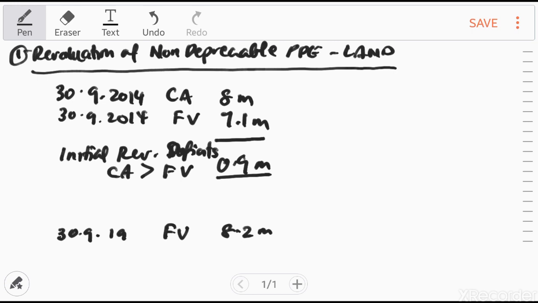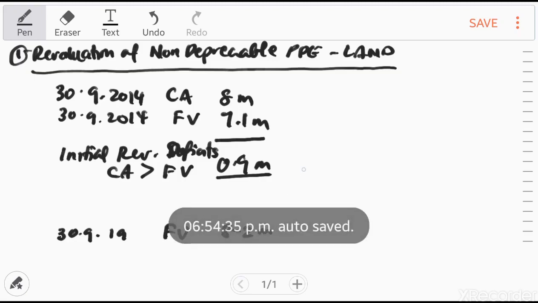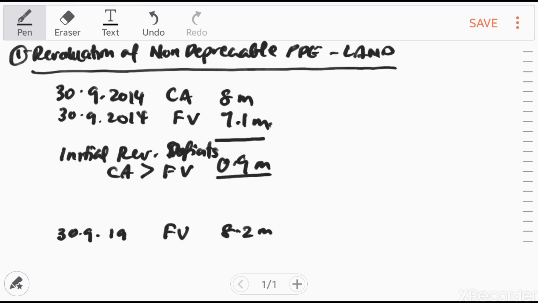Okay, the next one, that was the initial revaluation. The next one, you are informed 30th of September 2019 it was having a fair value of 8.2. And what you need to understand is that the previous fair value will be the most recent one, which is on 30th of September 2014. No revaluation after that until 30th of September.